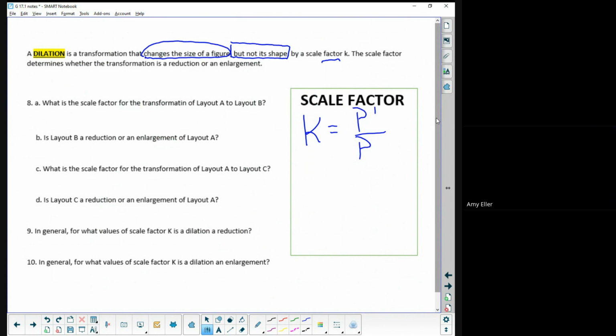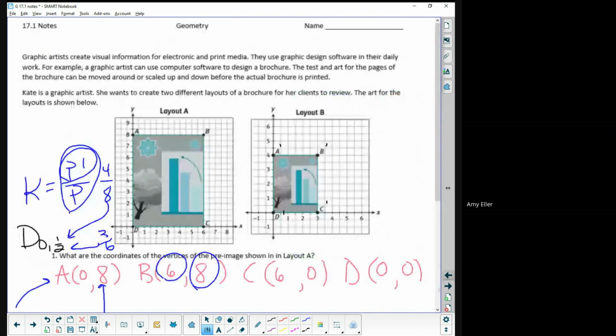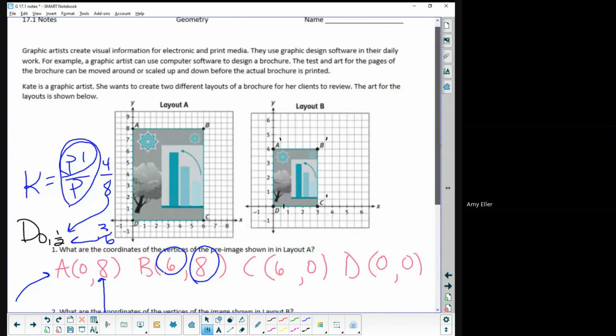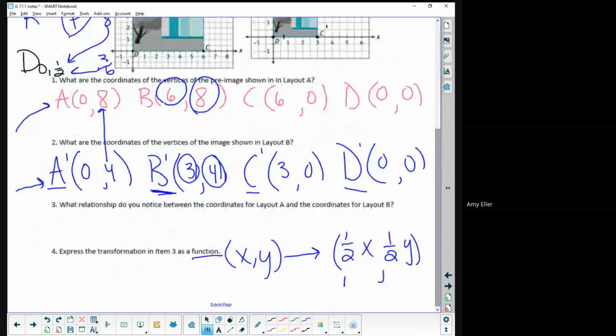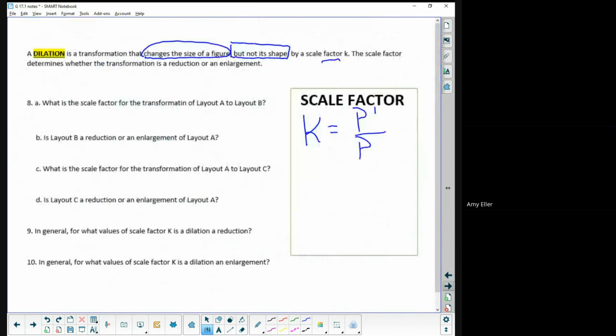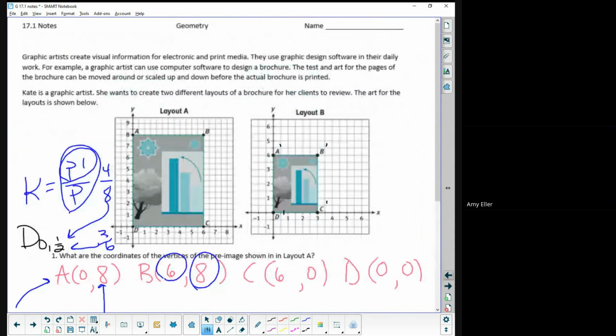Number 8. What is the scale factor for the transformation from A to B? I just had that up. The scale factor for the very first one was a half. Is layout B a reduction or an enlargement? What do you guys think? Yeah, reduction.